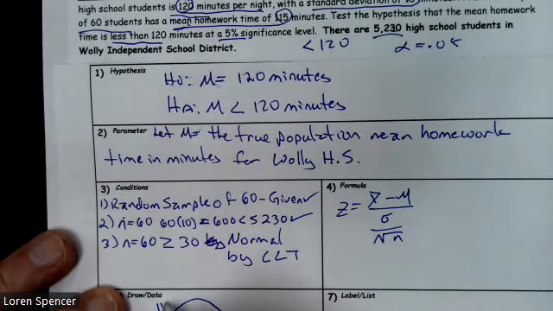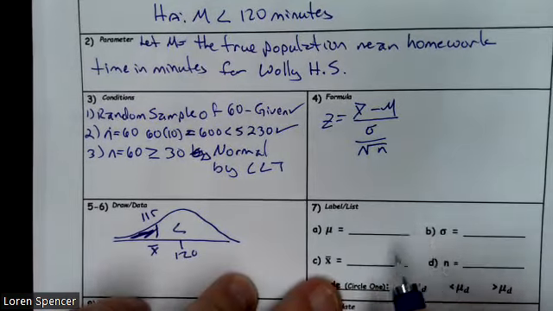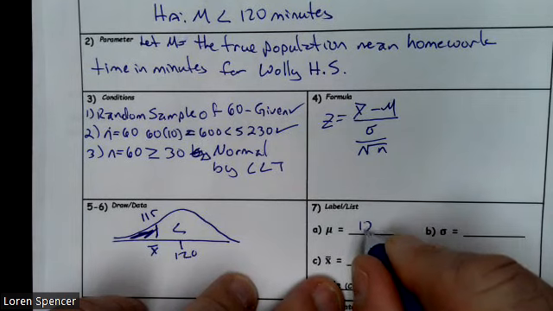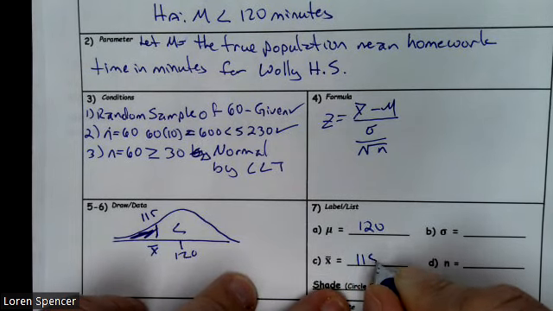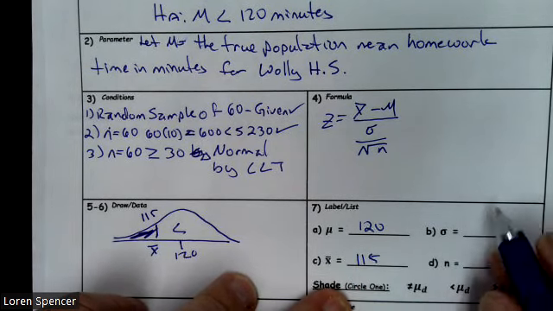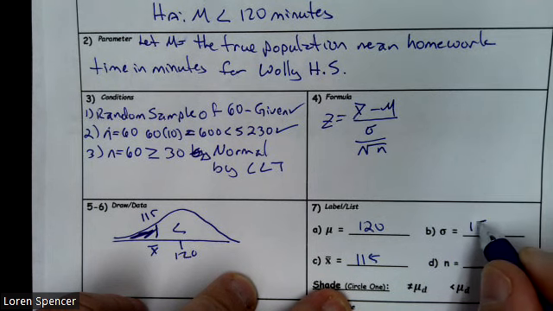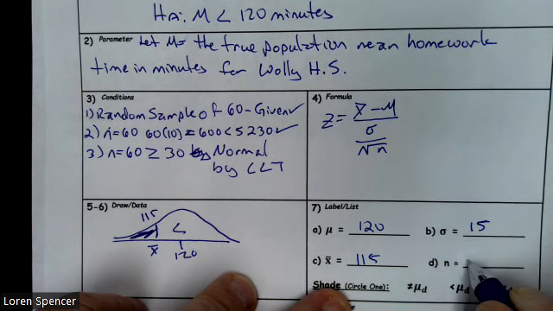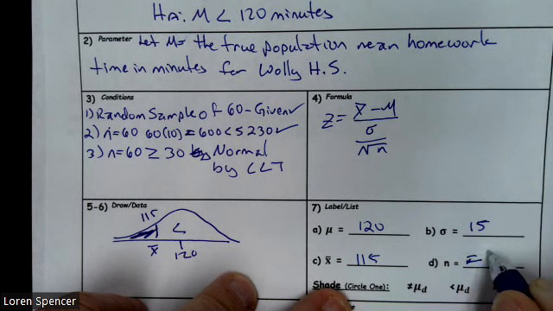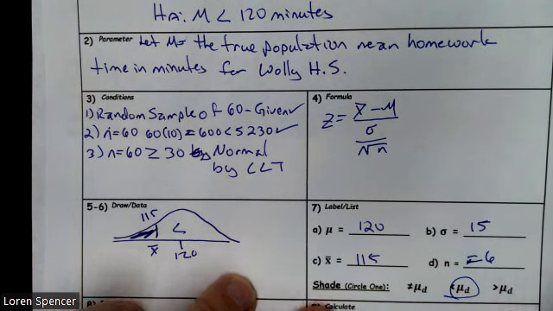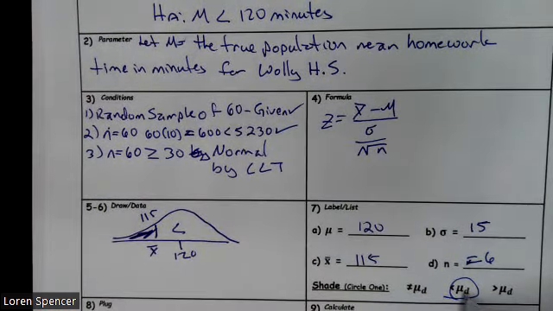And that's our X bar. So mean 120, X bar 115, population standard deviation of 15, and n happened to be 60. And we are shading to the left. Ignore the D's, please. They shouldn't be there.